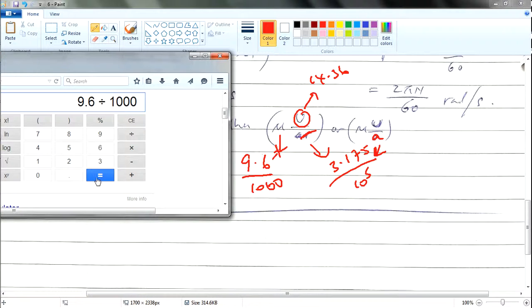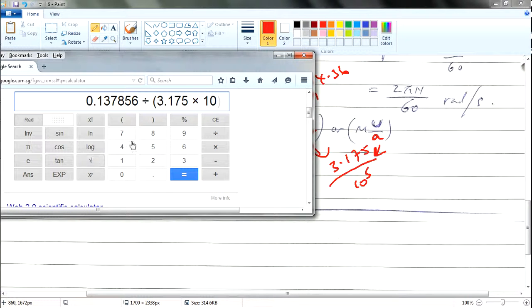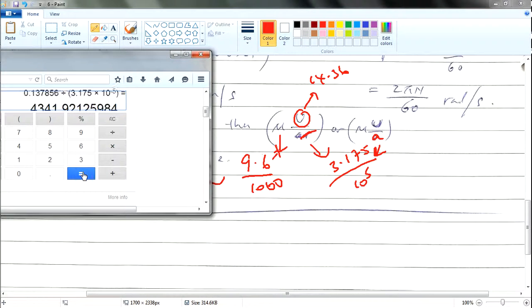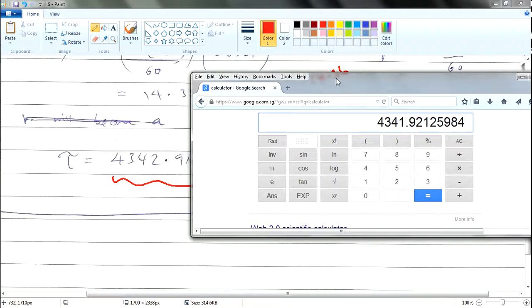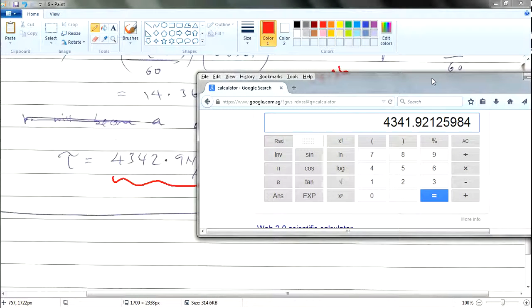Divided by 1000, multiplied by 14.36, and then divided by A, which is 3.175 times 10 to the power of negative 5. That gives 4341.92, so it's somewhere about there, about 434.